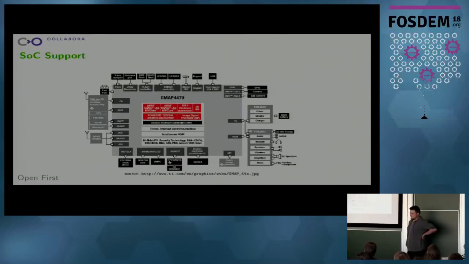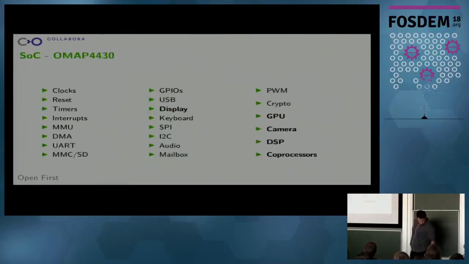And I didn't do any work on that part. It was already there. Which means there were clock drivers, reset drivers, timer drivers, interrupt drivers. The memory management unit was already supported, DMA. All of that needs to be done. I think there's a talk from Enric later. He may tell you a bit about that part.